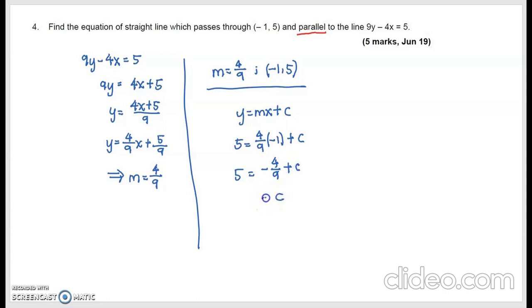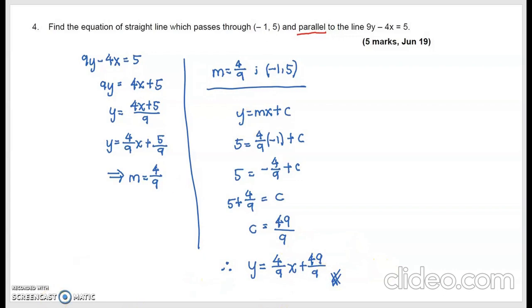So c will be equal to 5 plus 4 over 9, which equals 49 over 9. Therefore, the equation of the straight line will be y equals 4 over 9 x plus 49 over 9. So this is the answer for question number 4.